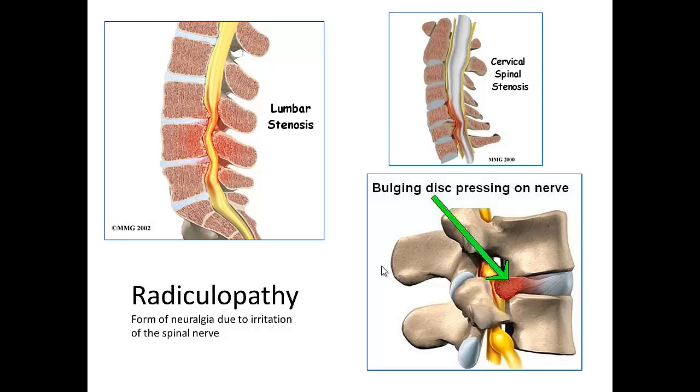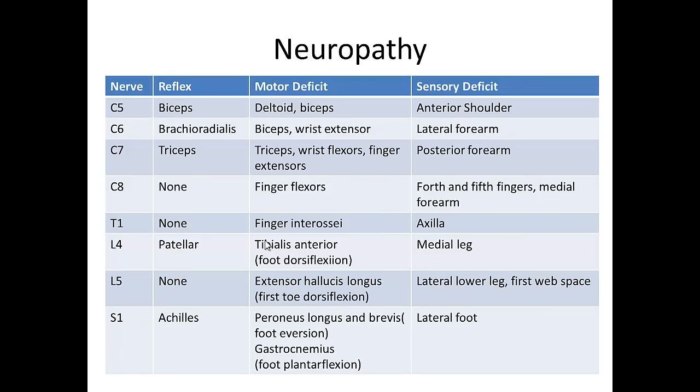Now let's talk a little bit about radiculopathy. People have the spinal cord coming through the vertebral column. Here's the cervical area, the lumbar area. Sometimes you can have trauma, which will cause bulging discs, which will be associated with pain down the arms or down the legs.